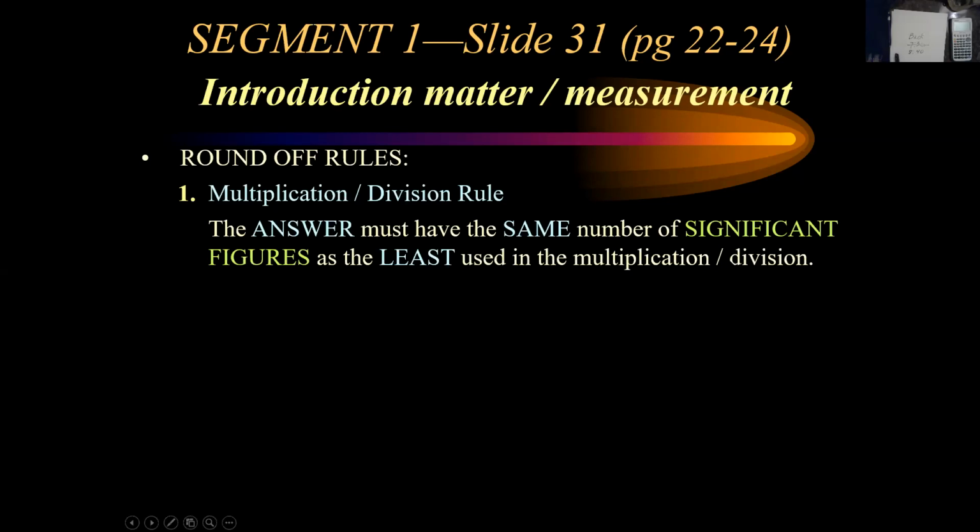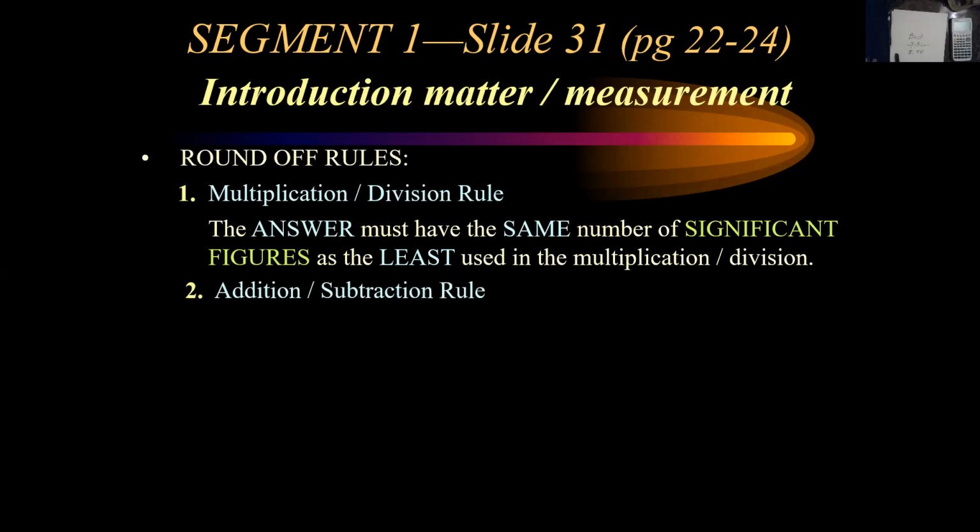So if you've got a number with 3 significant digits, another with 2, and another with 4, and you do that math, when you push the equal sign the calculator is going to give you maybe 8 different digits or decimal places. But you want to round it off to the least number of significant figures that you used. So if I used a 3 and a 2 and a 5, then the answer would round off to 2 significant figures. So multiplication and division is easy. Everybody knows that. Everybody gets it right.